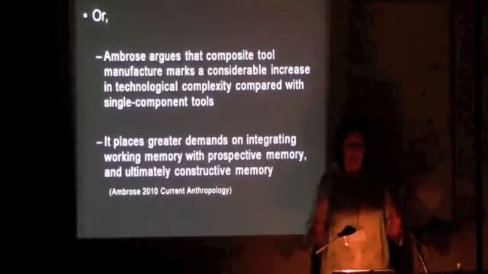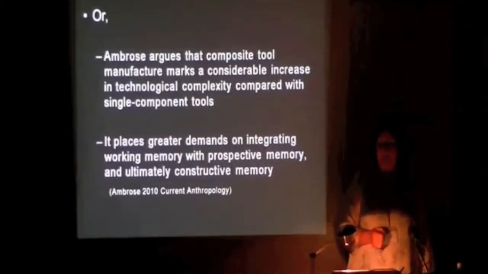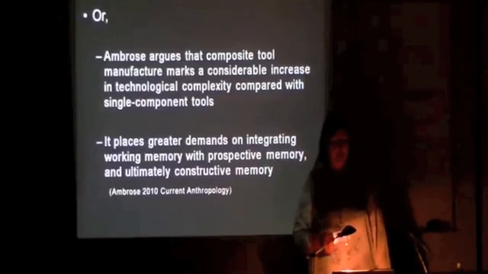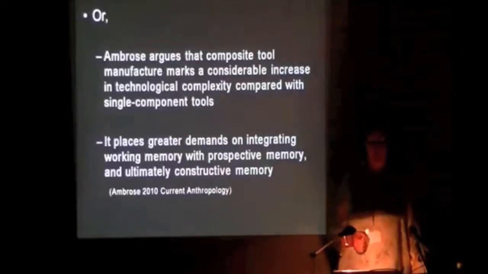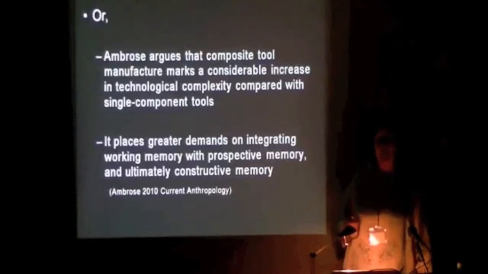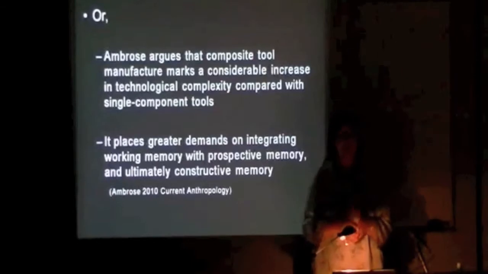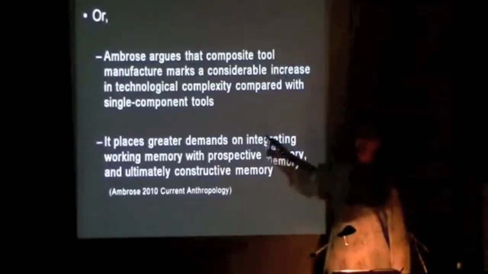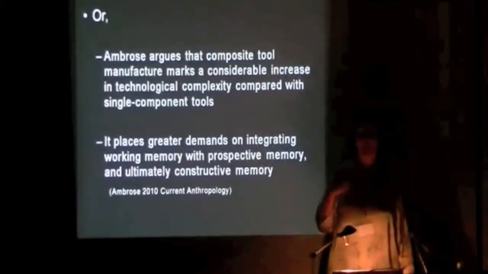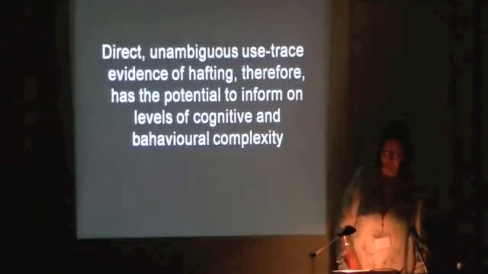Stan Ambrose argues that composite tool manufacture marks a considerable increase in technological complexity compared with single component tools. It places greater demands on integrating working memory with prospective memory and ultimately constructive memory. And all of these things are what make us human and modern thinking humans today.